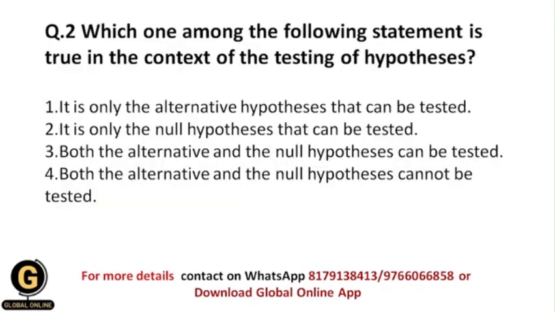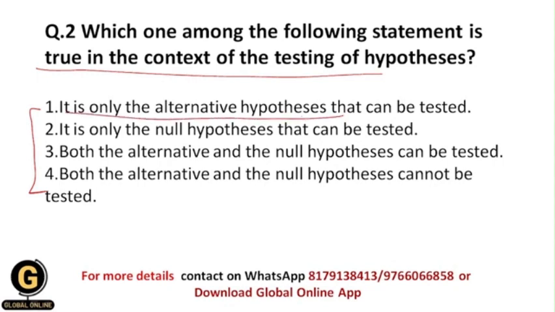Okay. Next is, which one among the following statements is true in the context of the testing of hypothesis? Among these options, which statement is true with regard to the testing of hypothesis? It is only the alternative hypothesis that can be tested.